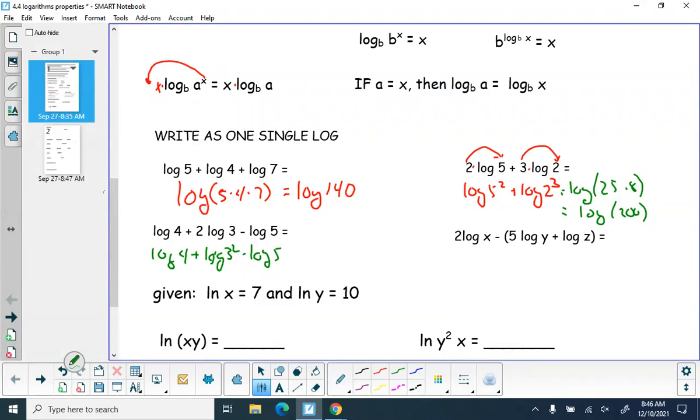We have multiplication through addition with these first two. This will give us multiplication, but this negative sign here will give us division. So if I go from left to right, I'm multiplying these two together, and then subtracting this one off, I'm dividing by my third value.